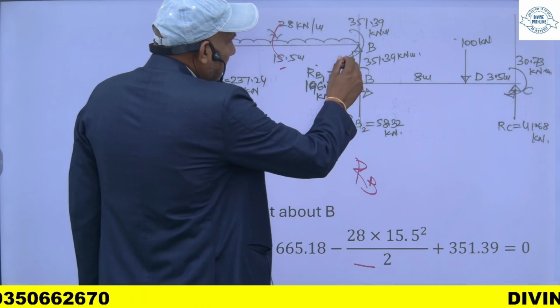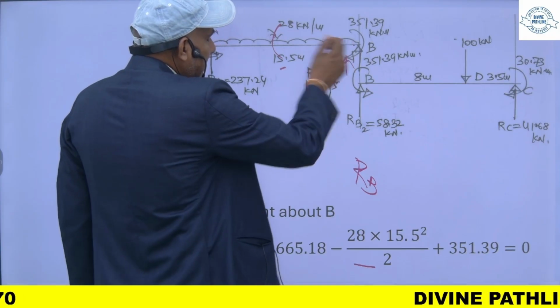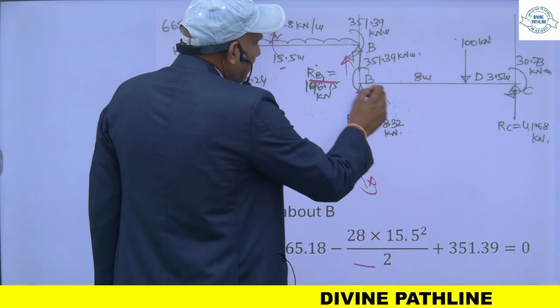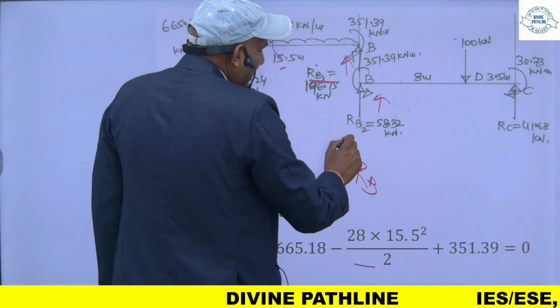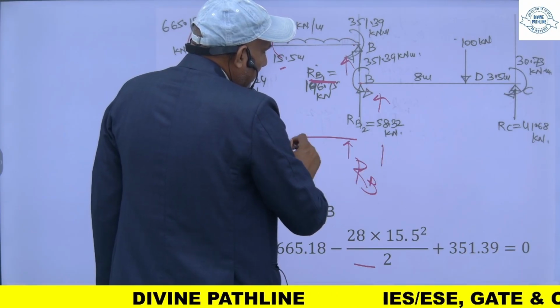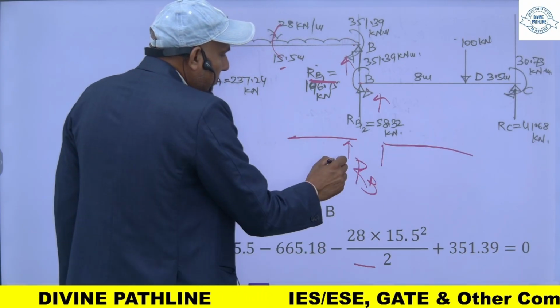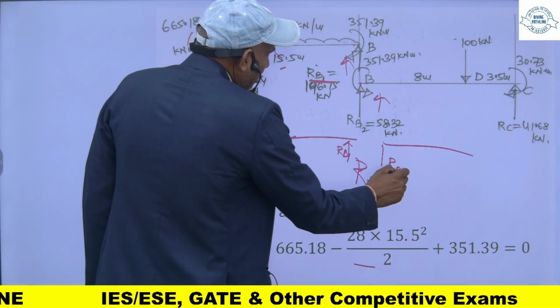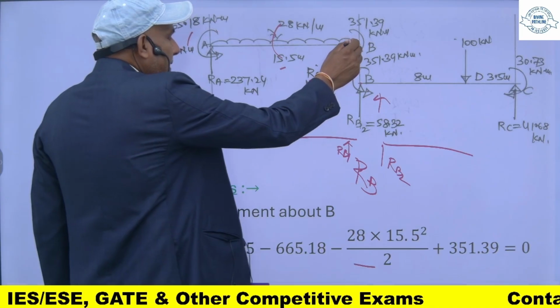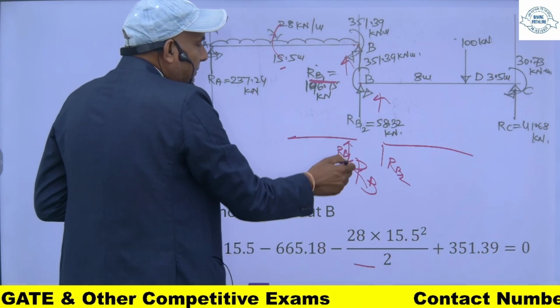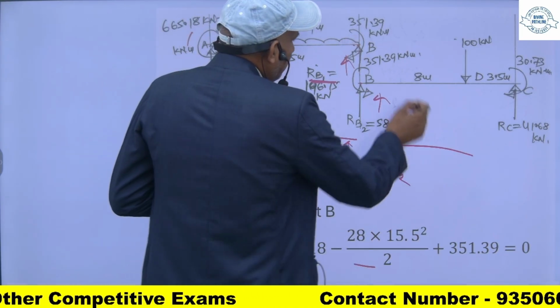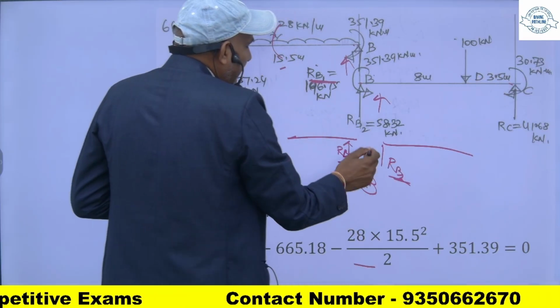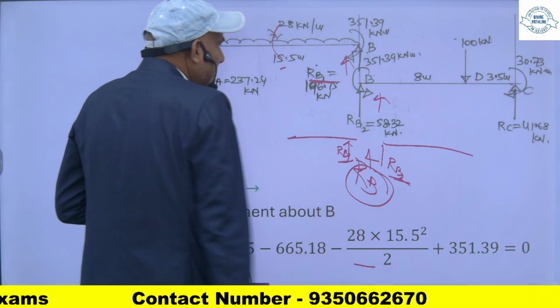One is RB1 from this side, and another is RB2. So this RB basically consists of two parts. So this is RB1, RB2. If you take this reaction from this portion, you will get RB1. If you find RB2 from this portion, and when you sum both, you will get RB.